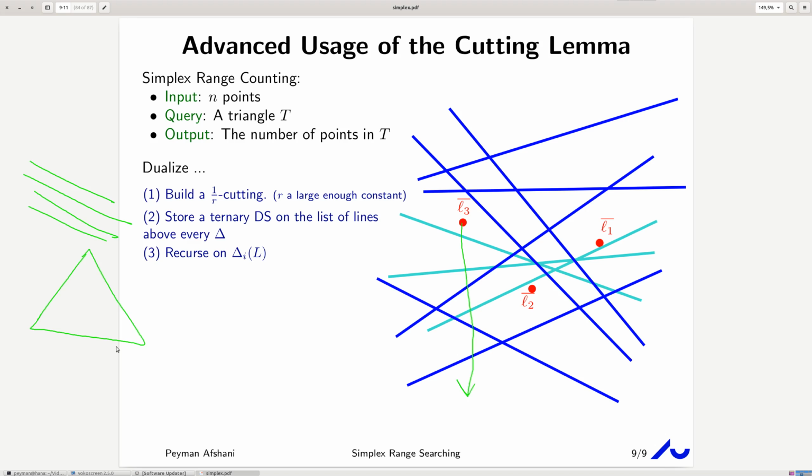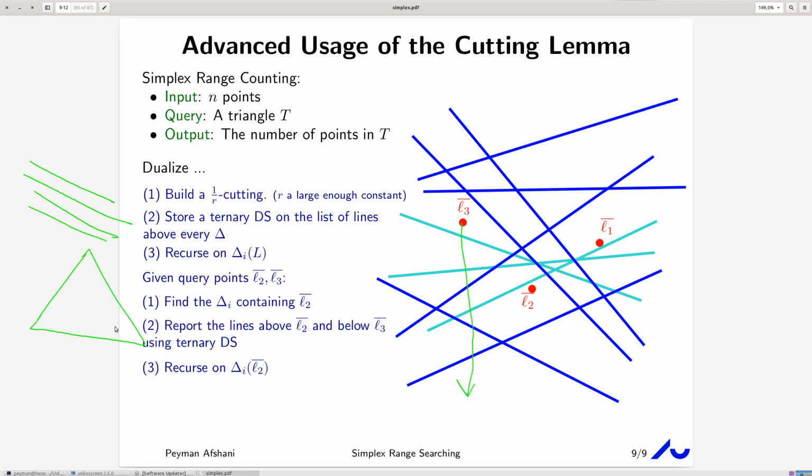And then we recurse on every triangle in the cutting. The query algorithm is exactly the same. We find the triangle that contains L2. Using the ternary data structure, we find among the lines that pass above this triangle, those that pass below L3. That's the problem we have already solved earlier, the warm-up problem. And then we recurse on this triangle.